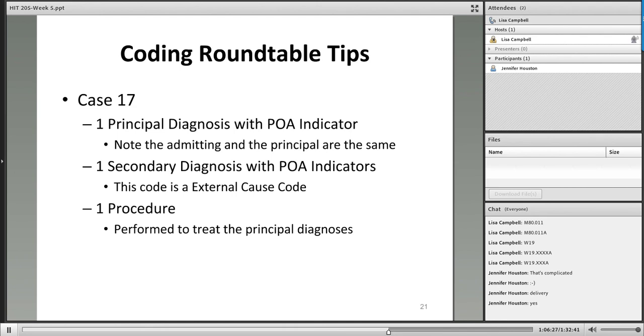So just know, for this case, it is a traumatic injury code, so it's going to start with a letter S. Let's see what else I can tell you. This patient is receiving active treatment for this condition, so your seventh character is going to be the letter A.